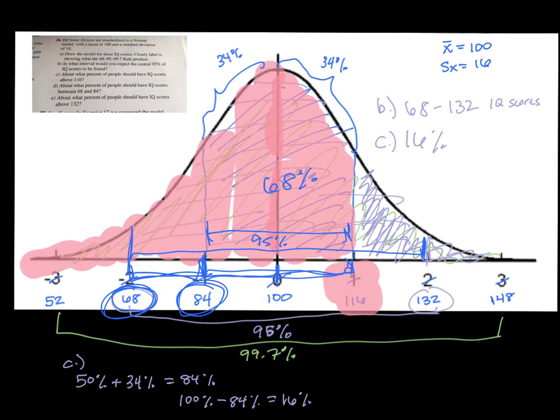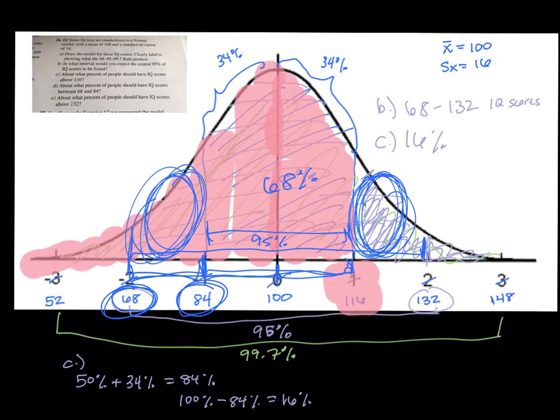That should give us 27%. So we have 27% left over, but I need half of it to go on this right side where I'm circling, and half of it to go on this left side where we want to know.